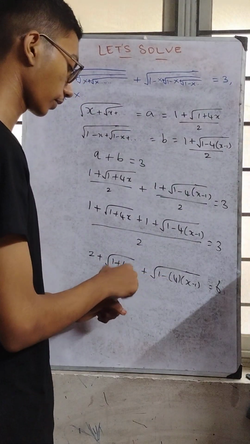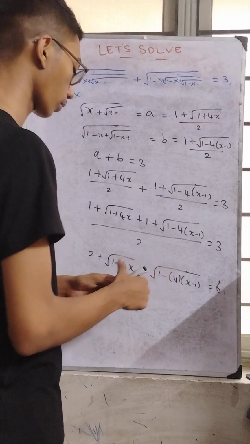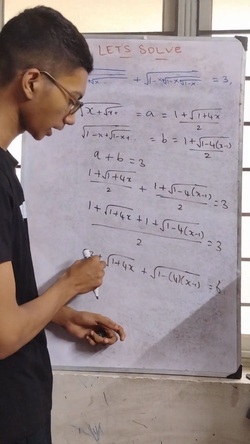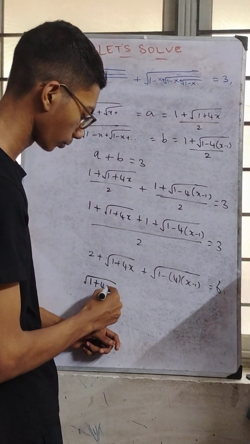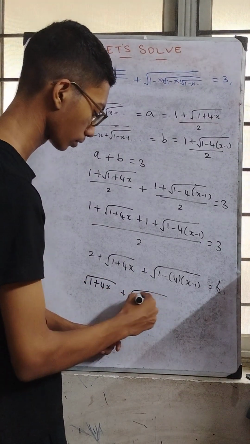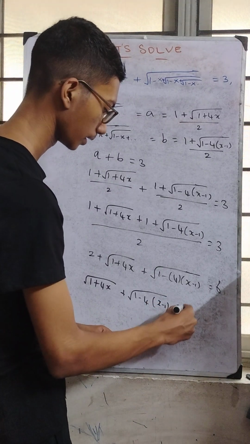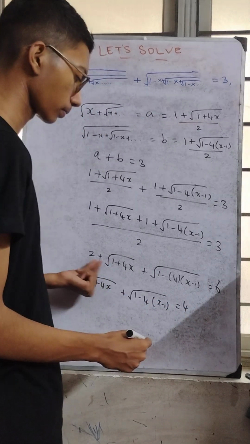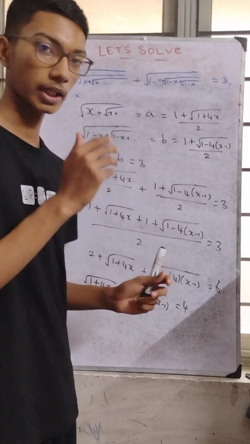How do we compute from this is, we need to get rid of the square roots. So that's what we are going to do. So we can first take this 2 to the other side. So root 1 plus 4x plus root 1 minus 4 of x minus 1 equals 4. So 6 minus 2 gives 4. So we need to now get rid of the square roots.